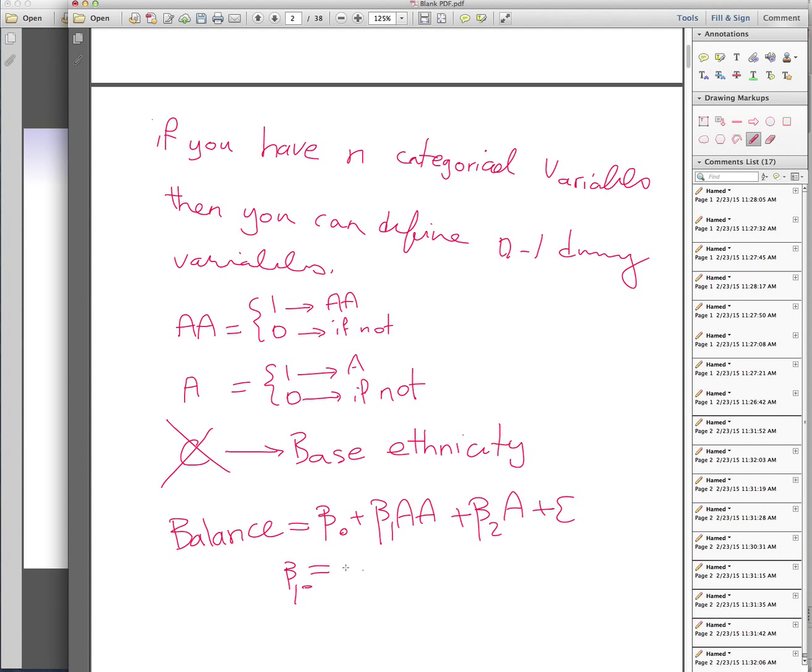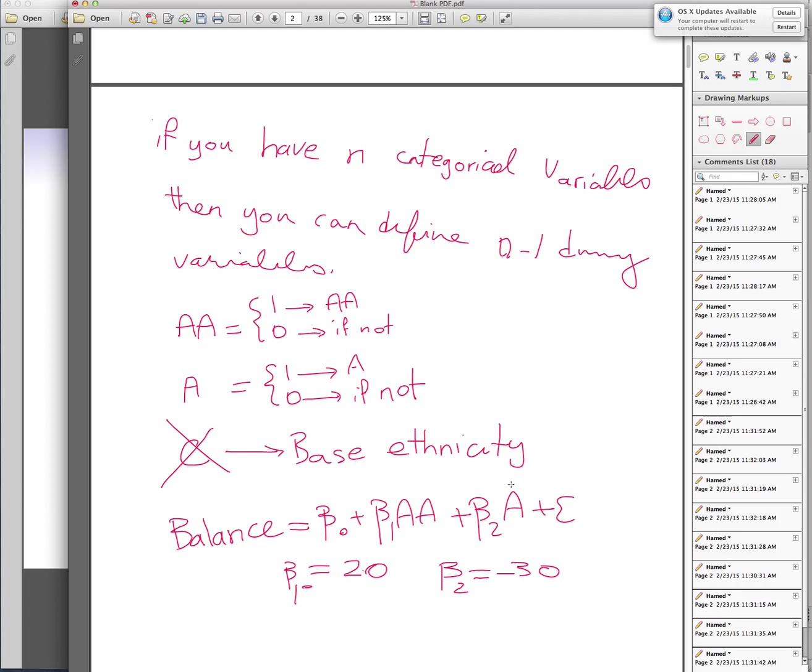Let's say beta 1 is 20, and beta 2 is negative 30. What it means is that in comparison to Caucasians, African Americans have $20 more balance on average. And if beta 2 is negative 30, that means in comparison to the base ethnicity, which was Caucasians, Asians have $30 on average less balance.